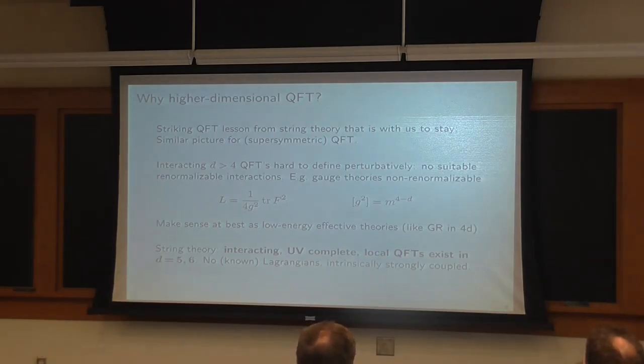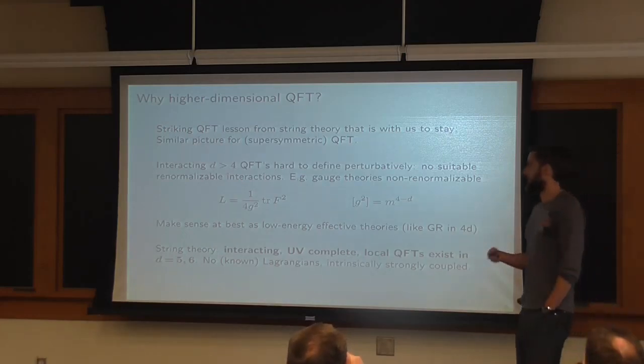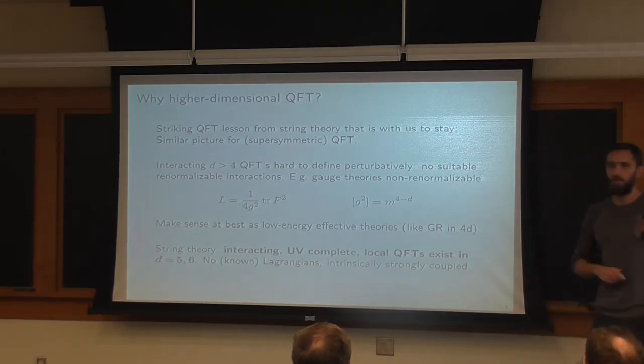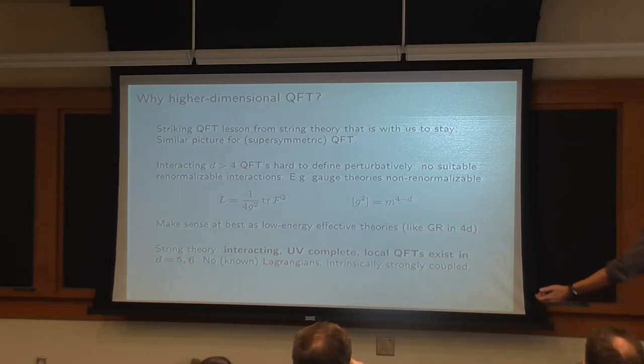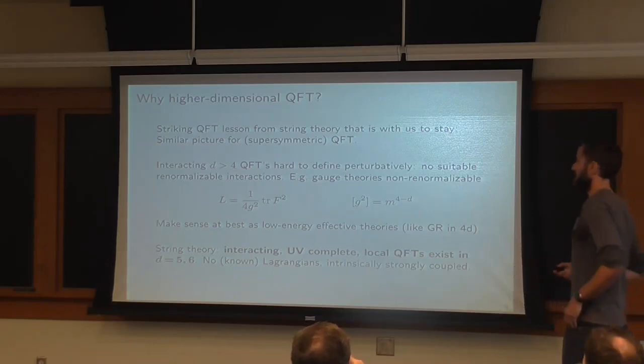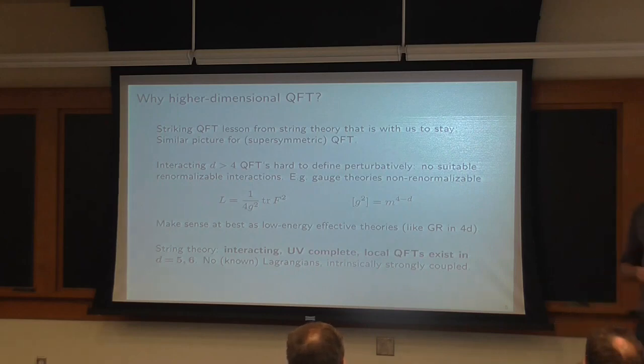For example, if I write down a gauge theory in dimensions beyond 4, and just do naive dimensional analysis, I'm going to find that the coupling constant has a negative mass dimension, and for that reason in perturbation theory, you get worse and worse divergences in each order. And the theory, at best, makes sense as a low-energy effective field theory, much like we think of Einstein-Hilbert gravity in 4D. And you would say that it needs some sort of UV completion to make sense.